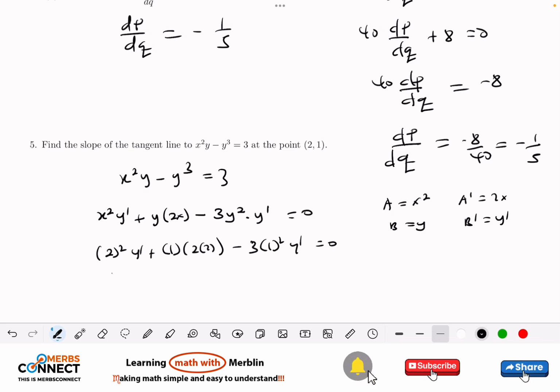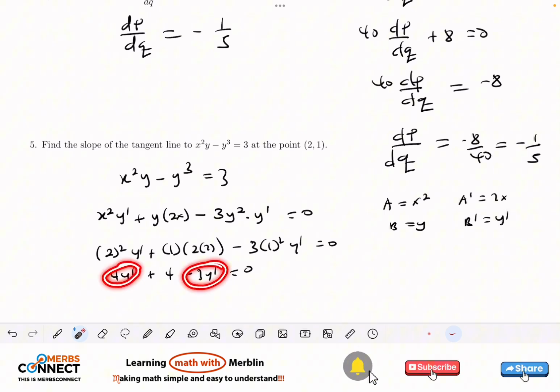Nice. So this is going to be 4y prime plus 4 times 1, which is still 4, minus 3y prime is equal to 0. So 4y prime minus 3y prime will be y prime. Then I'll move the 4 to the other side, which is going to give us minus 4.